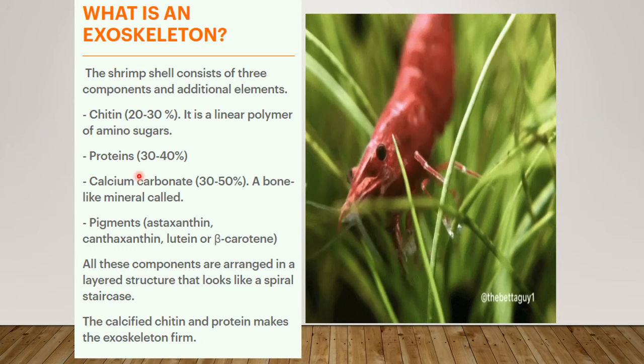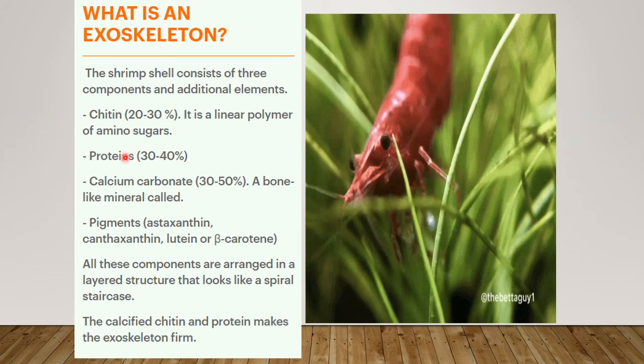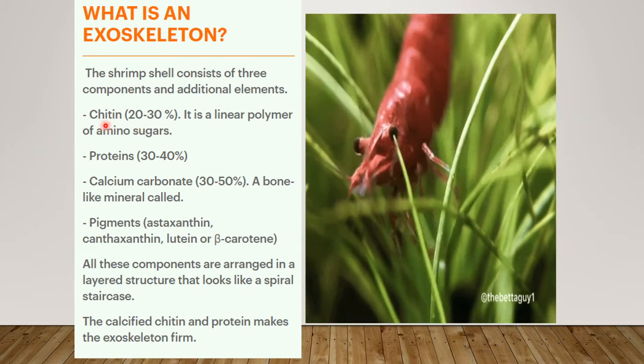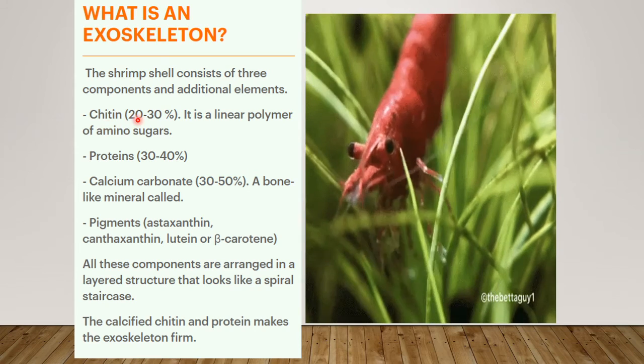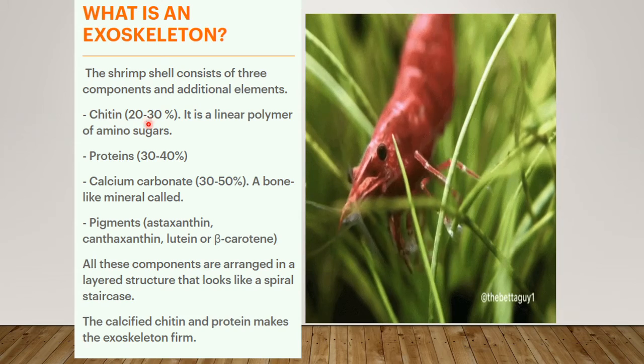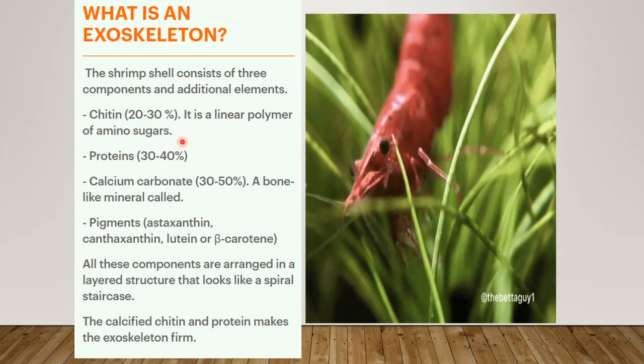Now we see what is the composition of the exoskeleton of prawn. The shrimp or prawn exoskeleton is made up of chitin, which is about 20 to 30%, which is a linear polymer of amino sugars.